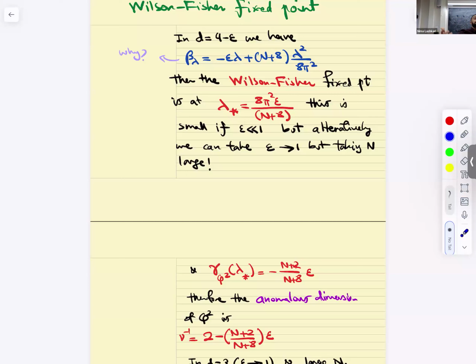Now here you have an N parameter. It's not, sorry, let me clarify this. I think the argument I just said is a little bit too quick.